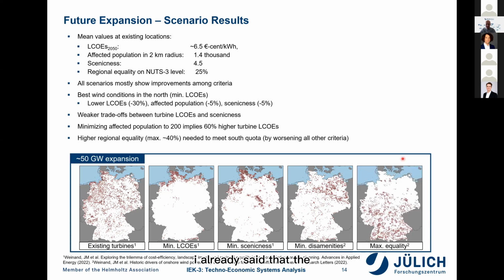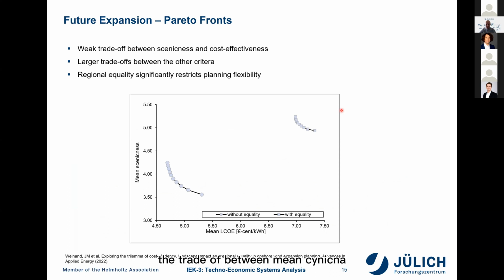I already said that the trade-off between mean scenicness and mean LCOEs, which I show here, is quite weak. But what we can also learn from this curve, which was created by decreasing the mean scenicness every time by 10% and then minimizing the LCOEs, is that decreasing the scenicness by the last 10% leads to the highest cost increase.